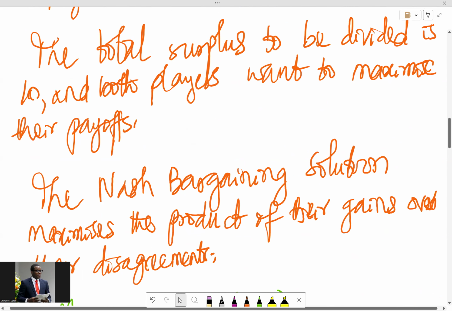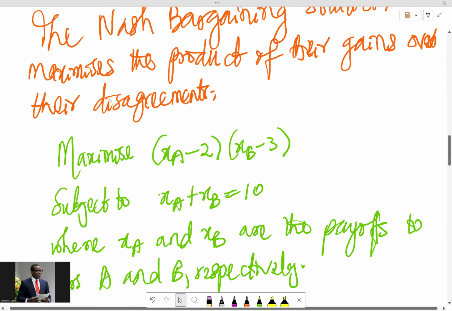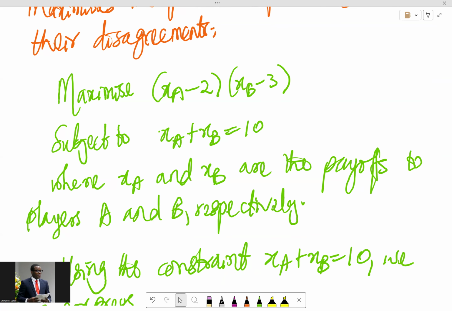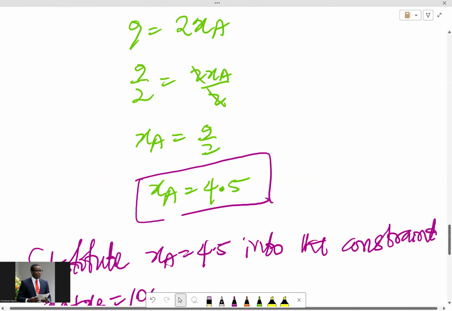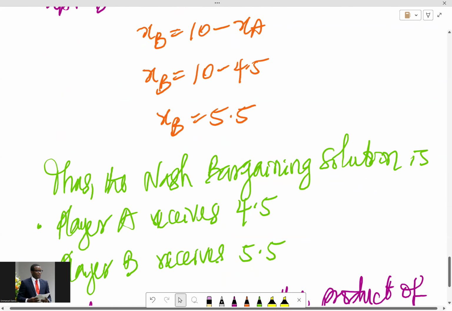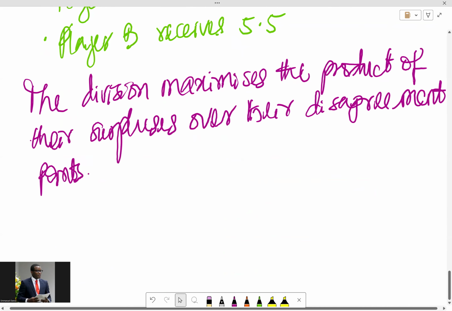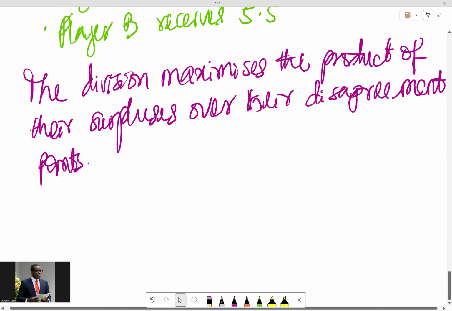So if they have to share 10, and A has a disagreement point of 2 and B has a disagreement point of 3, they seek to maximize the product of the differences between their payoffs and their disagreement points, subject to the constraint that their payoffs should not exceed what they have to share. With a bit of calculus, we arrive at this solution. So this is the end of bargaining solutions in cooperative game theory.